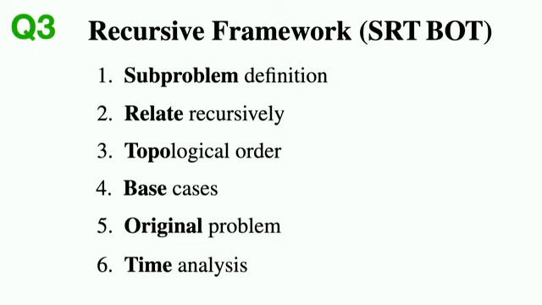We're defining a set of subproblems. This is a set of vertices in a graph. What is the relationship doing? It's saying, what are the relations between the subproblems, essentially defining the edges of a graph. And then this topological order and the base cases, all of these things are just saying, what is the problem that I want to solve on this graph? And how do I compute that for things that don't have any outgoing edges?